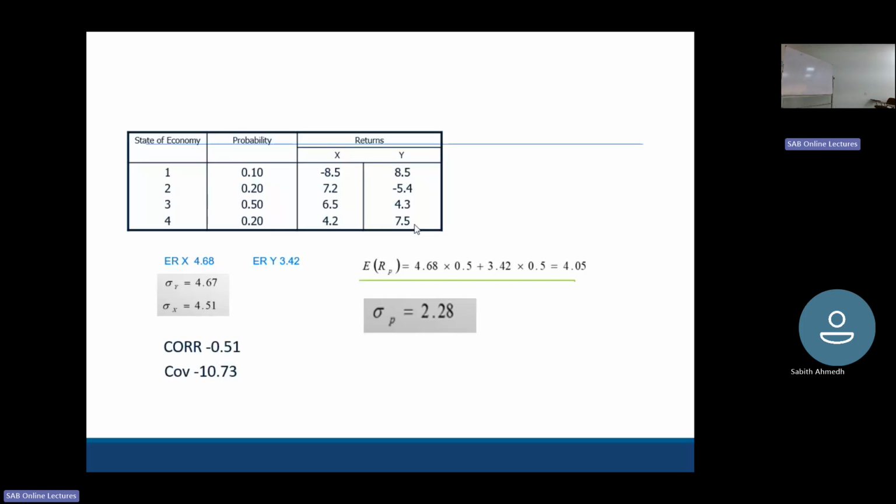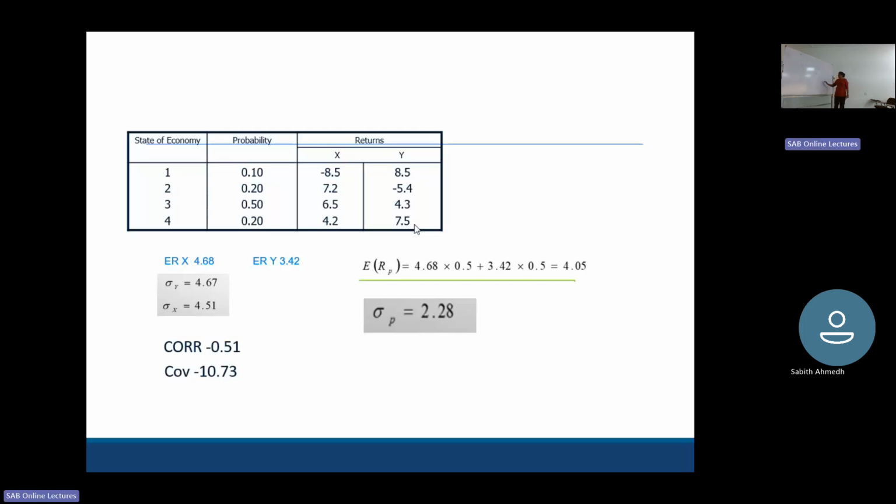There is a rule of thumb to decide that. Take the weighted average standard deviation of this portfolio: you can calculate standard deviation of stock X, 4.67, times 50%, plus standard deviation of Y, 4.51, times 50%.